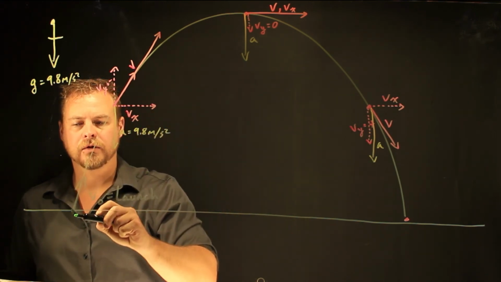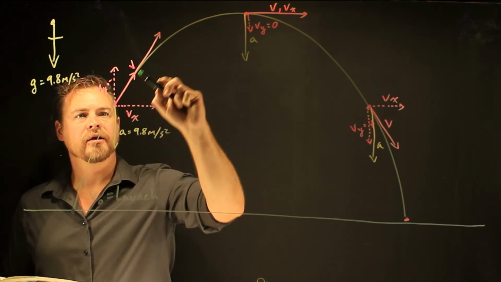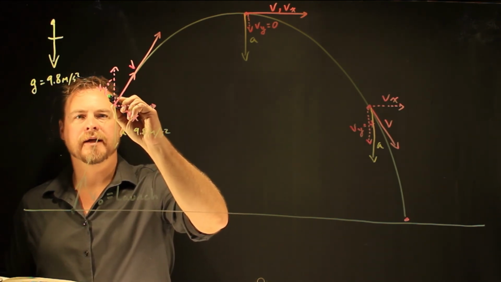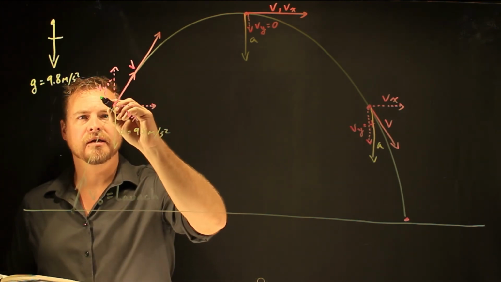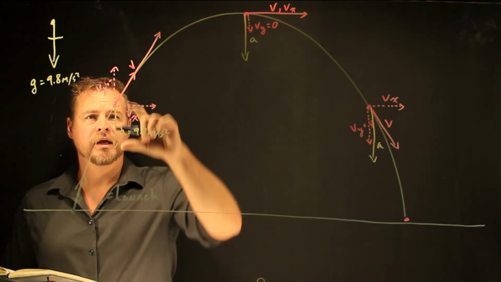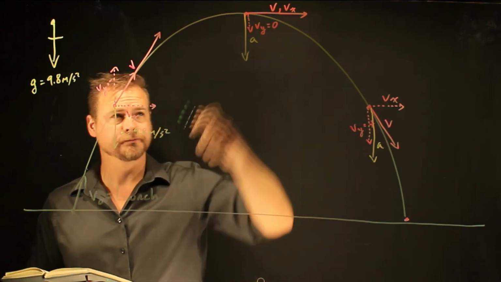So as you launch with some speed, then you go higher and higher, this acceleration is going to bite into that velocity in the y dimension more and more, because the velocity in the y dimension is negative. It's opposite of your reference point. So it gets smaller and smaller until it eventually comes to zero in the y dimension.